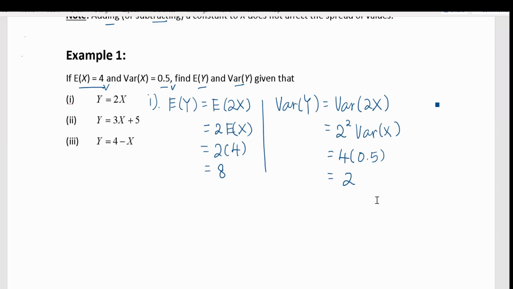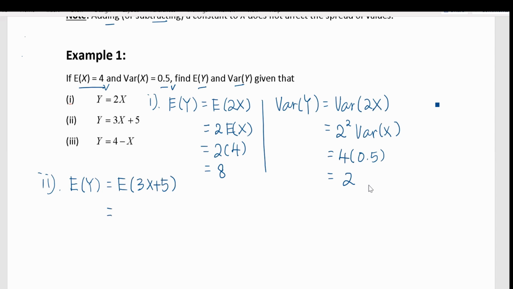Right, now we look at the second example. If I'm going to find out the mean of Y, when Y equals 3X plus 5, again refer to the formula.